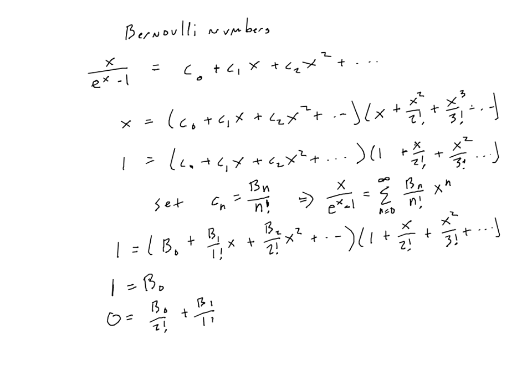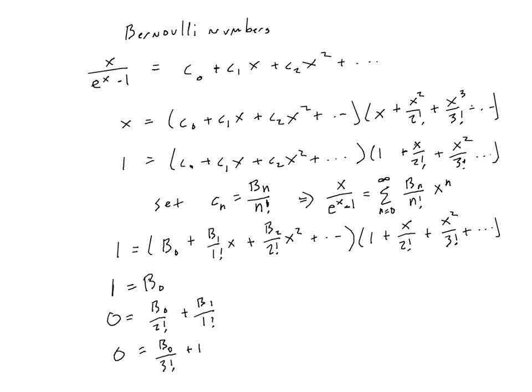And then you have 0, and you do the x squared term, which involves a combination of these two terms, and that term. So we have b0 over 3 factorial, by multiplying it over here.